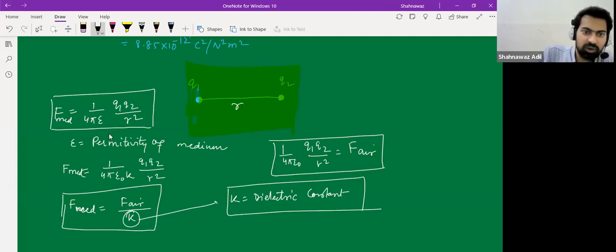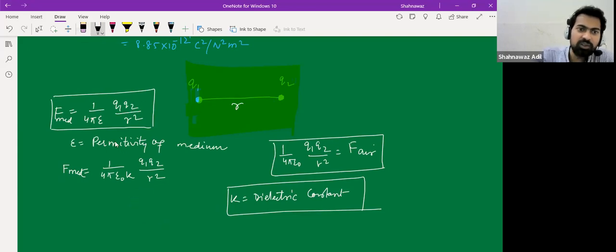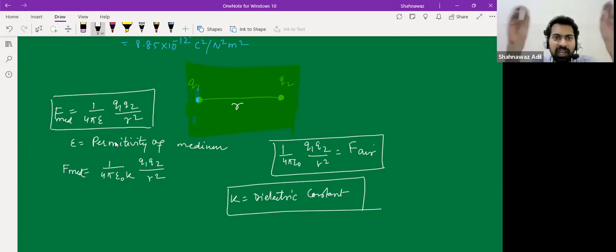So let me explain it in a more proper way. Permittivity of free space: what do you mean by that? You have a free space, and it has some electric effect. That is called the permittivity of the free space.